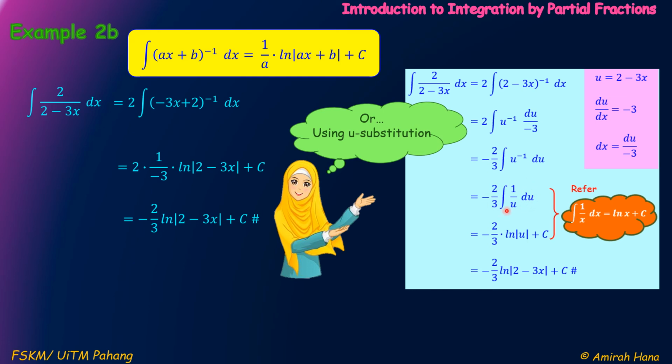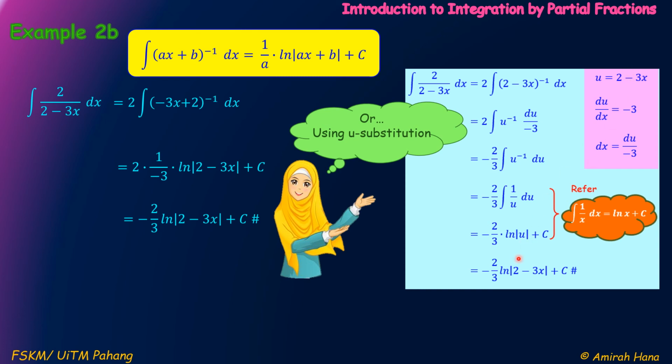From here, we can integrate with respect to u. From the basic formula, the integration of 1 over x dx equals ln x plus c. So the integration of 1 over u du equals ln u plus c. And we still have the constant negative 2 over 3 in front. After that, we replace u in terms of x.